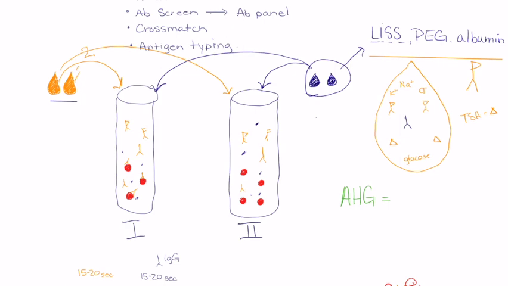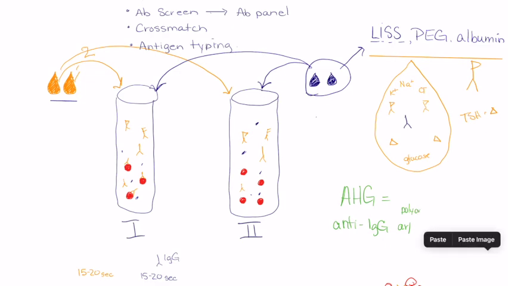Our AHG is anti-IgG, or it can be poly. If it's poly, it's also going to have C3D in it. So this is our complement and our IgG.